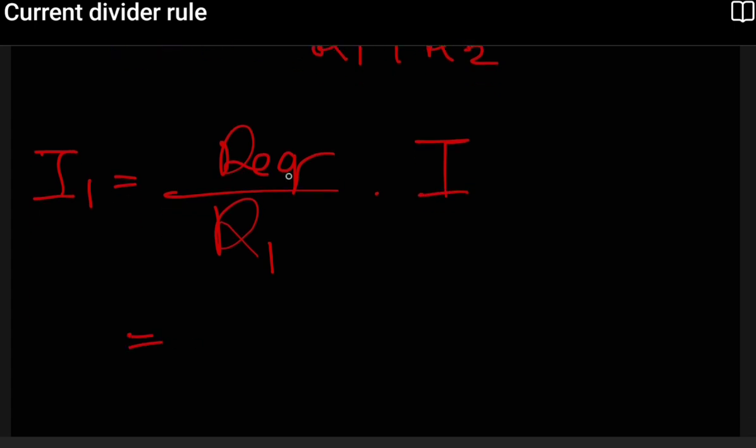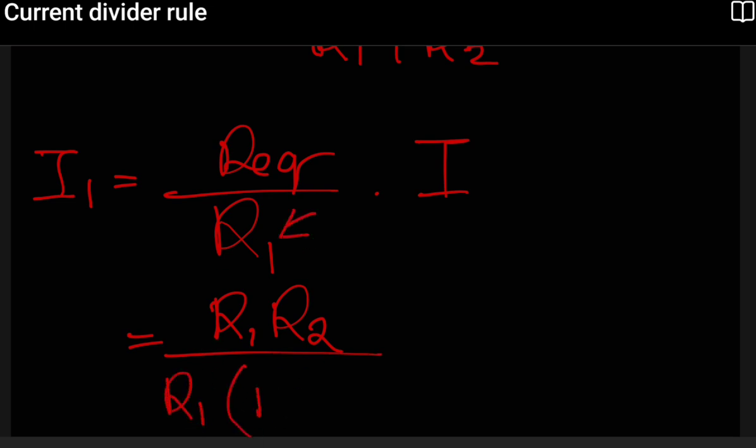So in this case, the equivalent resistance is R1 R2 divided by R1 plus R2.